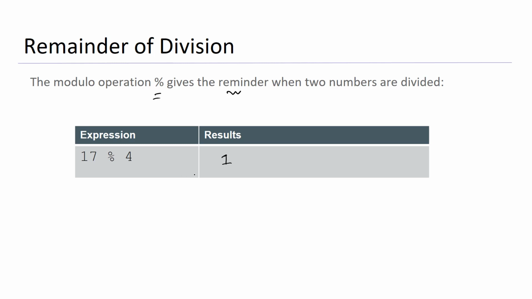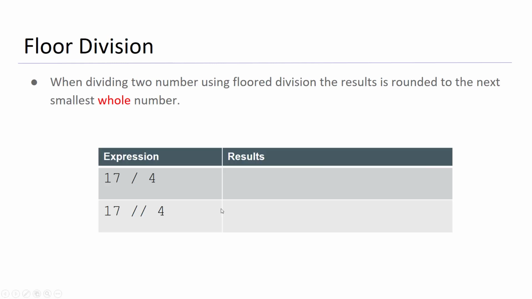If you are not sure how we got this 1, remember that 4 times 4 is 16, so 17 minus 16 is 1, and that's how we usually find the remainder.